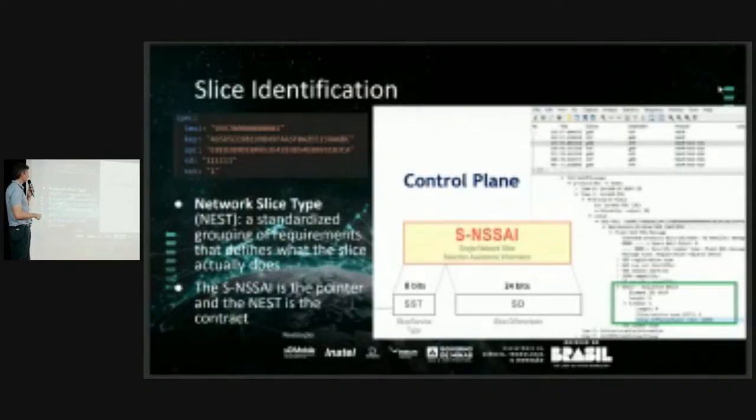The other part of the information is the network slicing type. It's a contract. Okay, one tenant requests one slice from me. The tenant needs to define the type of the slice and the specification of the slice. We use the concept of the network slicing type.